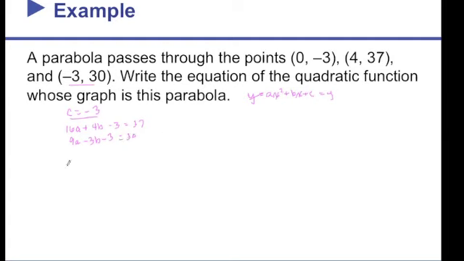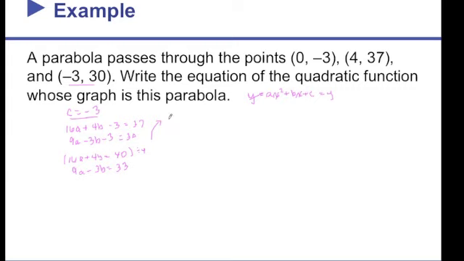These two equations can change to 16a plus 4b equals, adding the 3 to both sides, 40. And here, adding the 3 to both sides, I'll get 9a minus 3b equals 33. I might find it easiest to just divide this by 4.